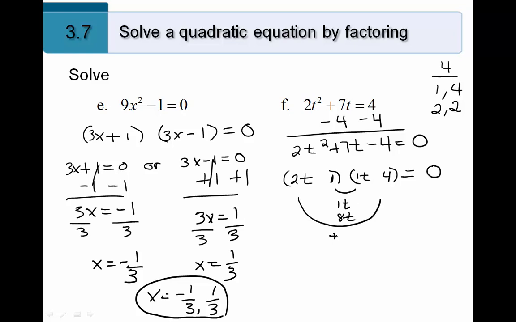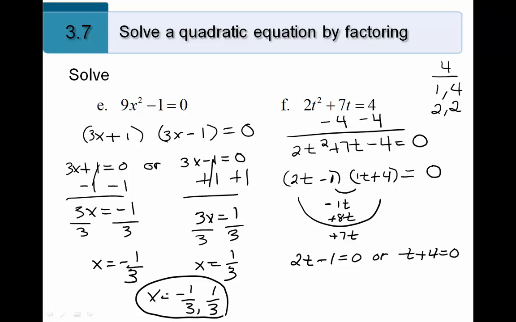It needs to add up to positive 7t, which means my 8 is positive and my 1 is negative. So I have a negative 1 times t and a 2t times positive 4. So 2t minus 1 multiplied by t plus 4 is equal to 0. So that means either 2t minus 1 equals 0 or t plus 4 equals 0.